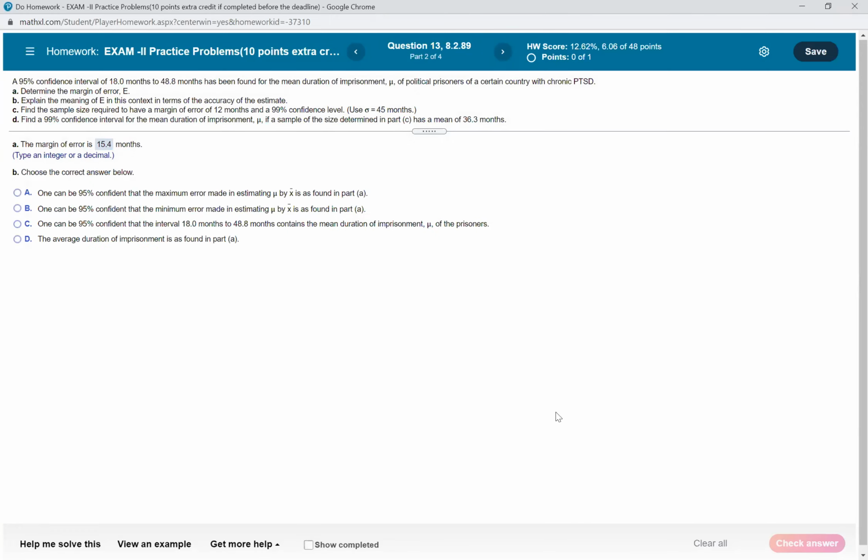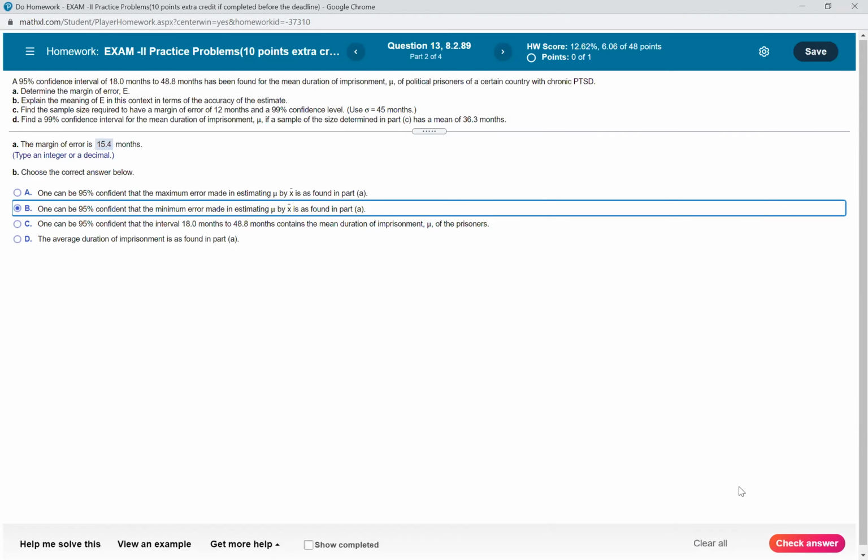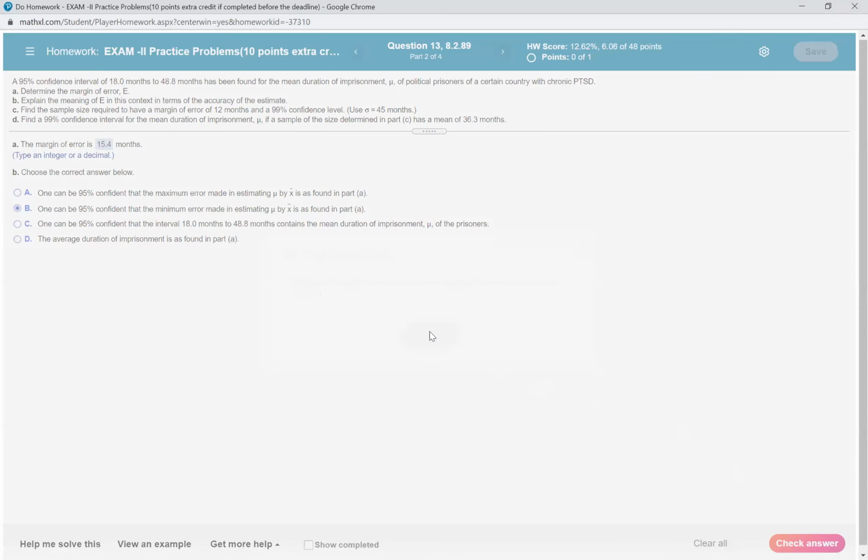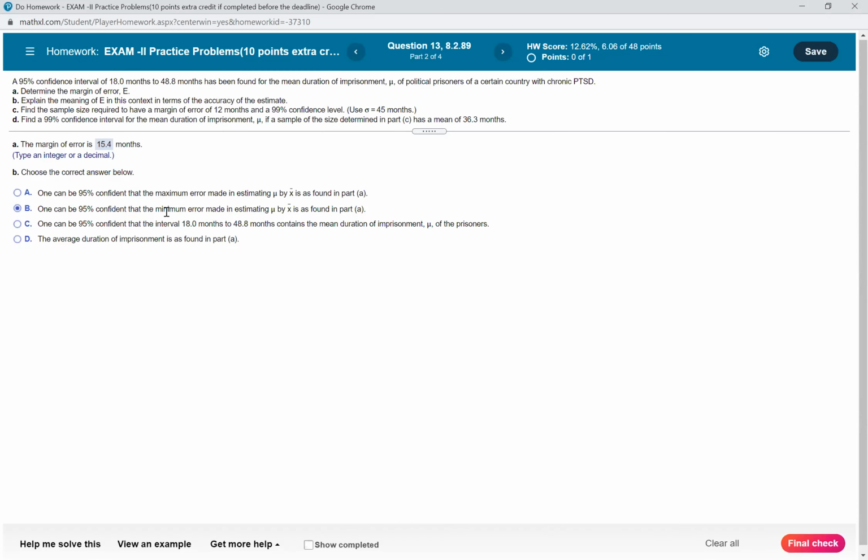Okay, so explain the margin of error. It says that we are 95% confident that the maximum error made in estimating mu by x bar is found in part A, and the minimum error made in estimating mu in part B, and one can be 95% confident that the interval contains the mean duration of imprisonment. So not the minimum, the maximum error.